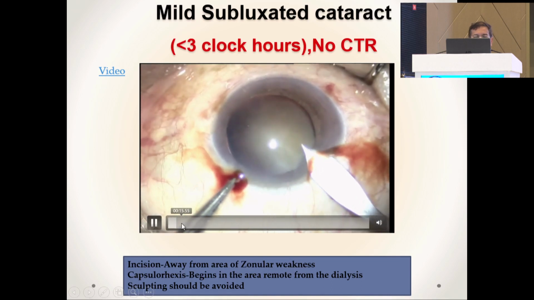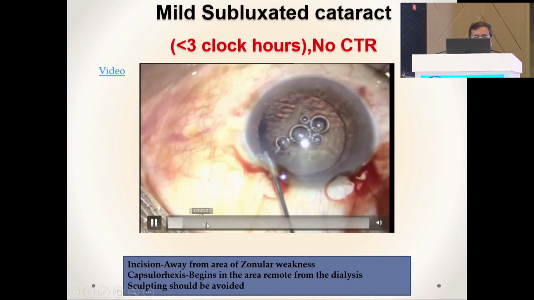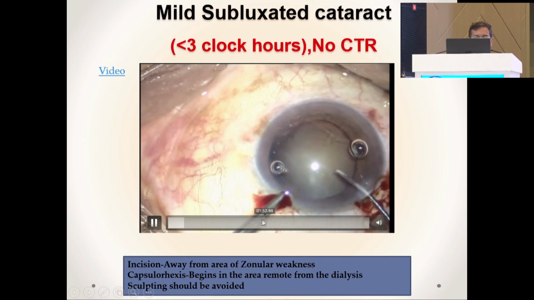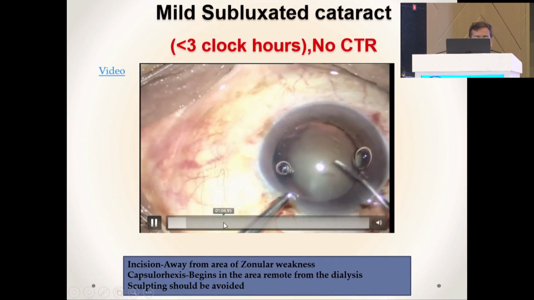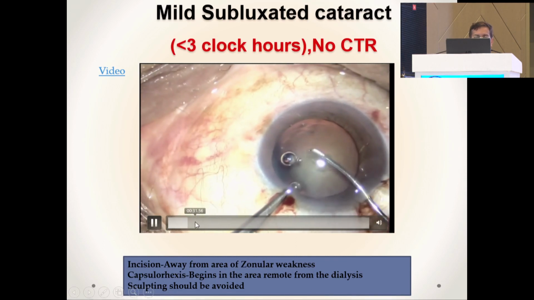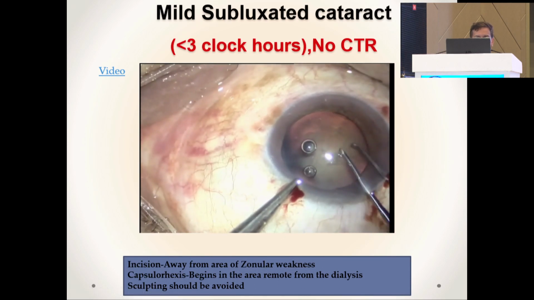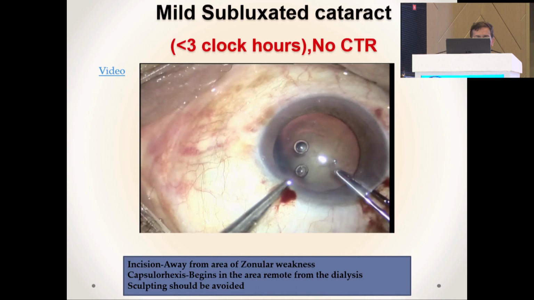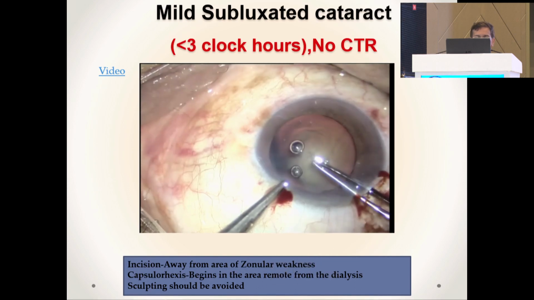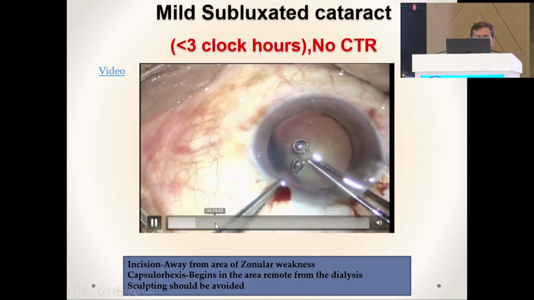Start the rexis at the side away from the area of zonular dialysis, with good viscoelastic, so as to avoid stretch on the zonules.